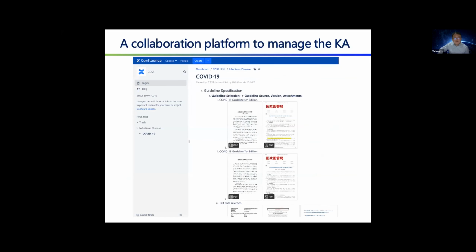This is the tool we have used to manage the knowledge around COVID-19. The name of the tool is Confluence, and mainly the seventh edition of the Chinese guideline has been used in our study.